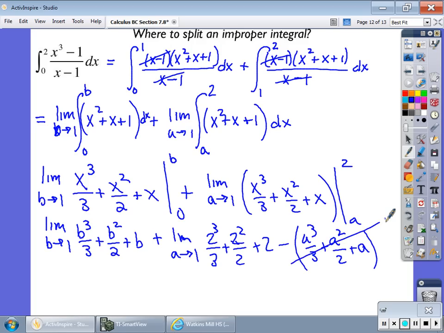So this and this reduce. And so this is equal to 8/3 plus 2 plus 2. 4 over 2 is 2. And so we got 8/3 plus 12/3, which is 20/3.